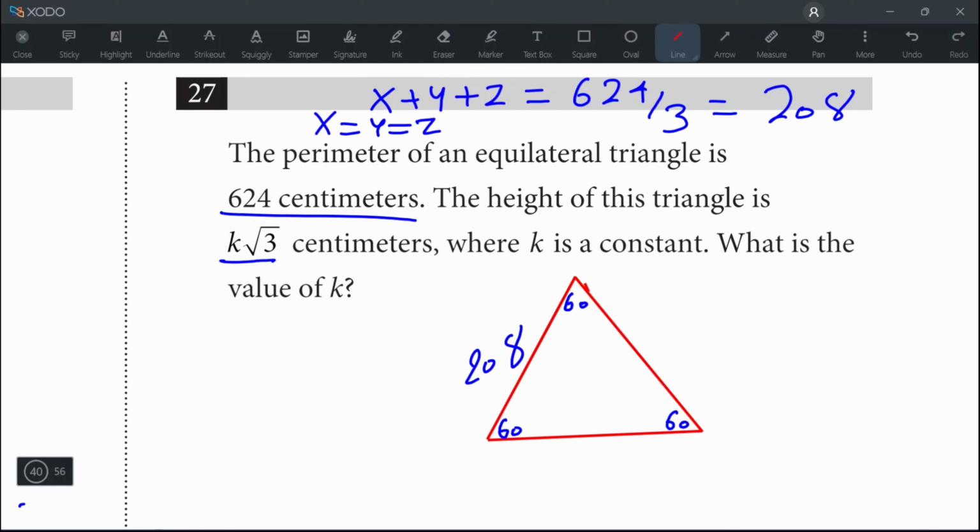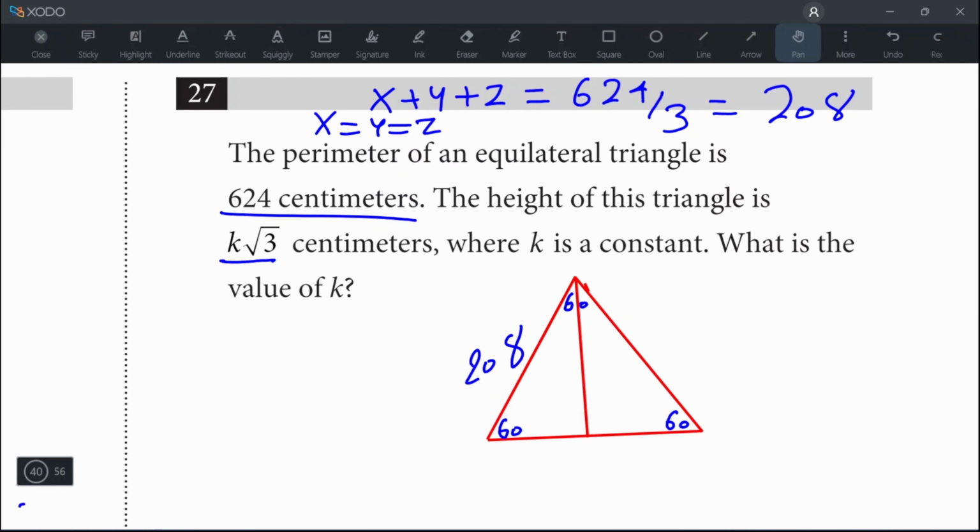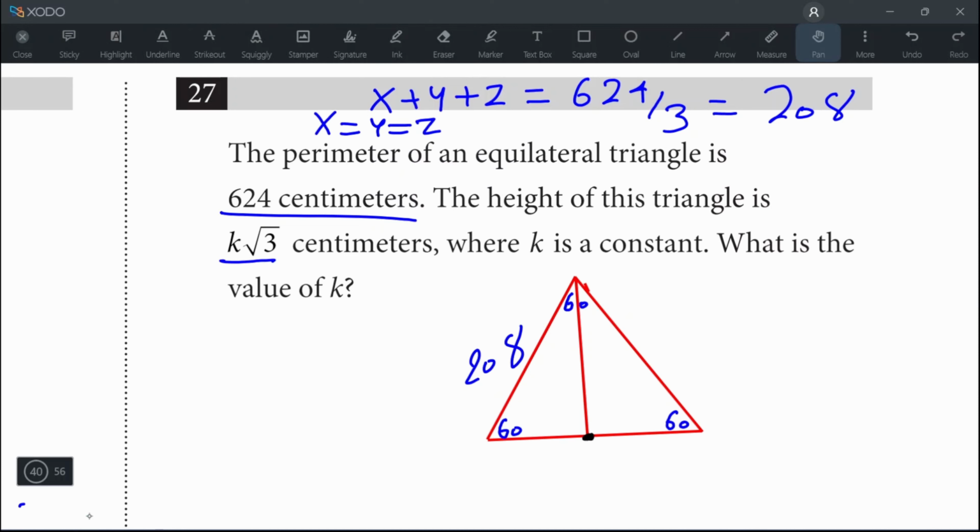The height of a triangle is a perpendicular line drawn from the midpoint of any side of this triangle that bisects the opposite angle. So that's the midpoint of this side, okay? A midpoint means that we cut this segment in half. So this one is equal to 104 and this one is equal to 104.